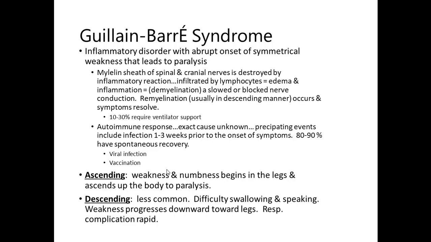Eventually, those myelin sheaths will restore and the symptoms will resolve. So Guillain-Barré will resolve eventually, but it takes a little while. Sometimes these guys actually have to be on a ventilator.